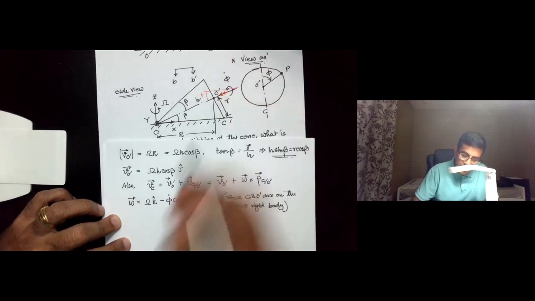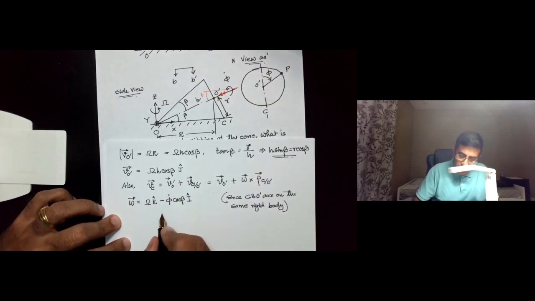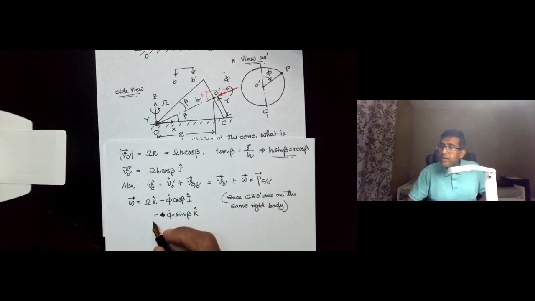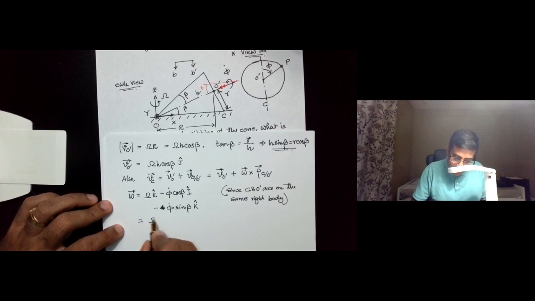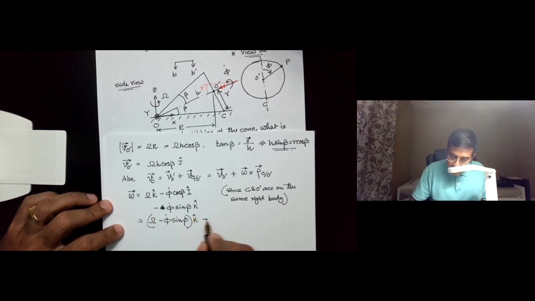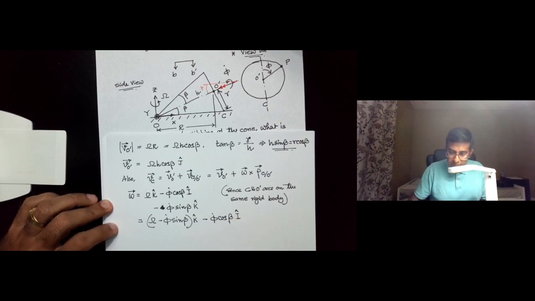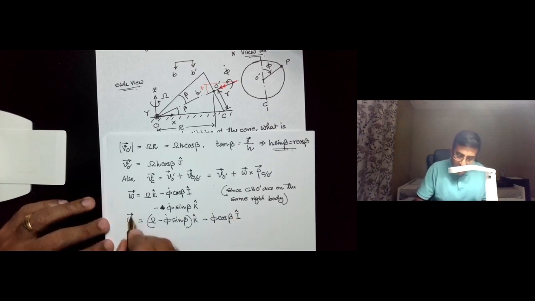And in the z direction, it also has a component, so you have phi dot sine beta k, and in fact this is also negative, right? So in fact the angular velocity is omega minus phi dot sine beta k minus phi dot cosine beta I. So that's the net angular velocity.